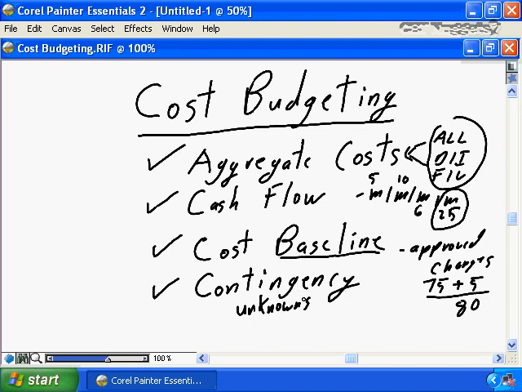It's wonderful to say, I've done all of the planning and I've determined a project baseline of $75,000, or it's wonderful to say, I've done all my planning and approved changes and my cost baseline is $80,000. There will be unknown risks. There will be unknown activities that you simply can't identify during planning that need to be built into the overall project cost as well. So you need to allocate something for contingency.